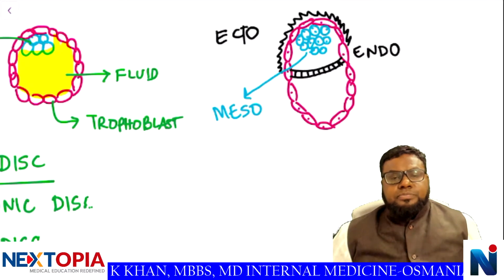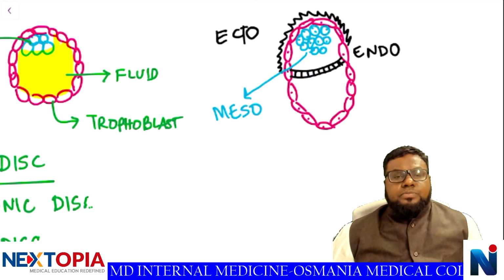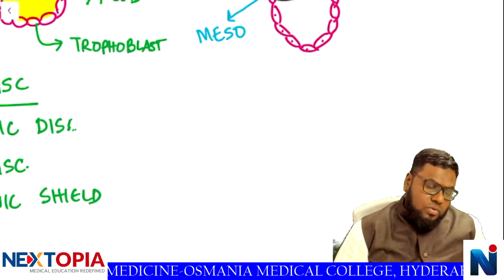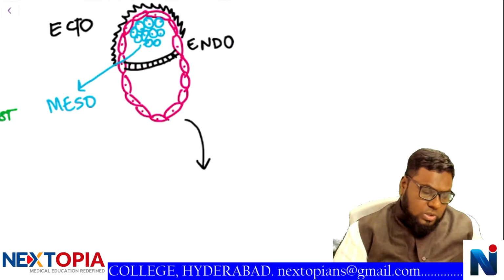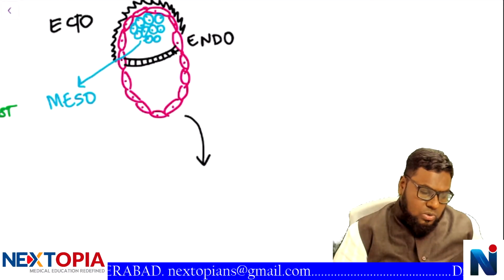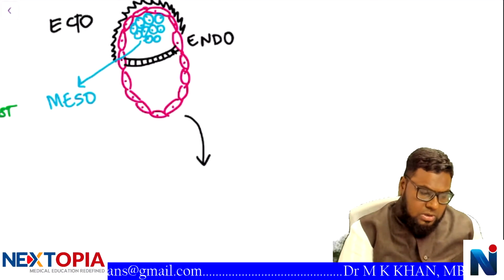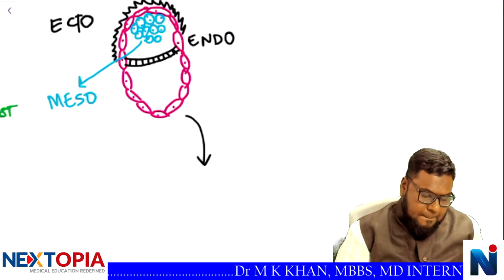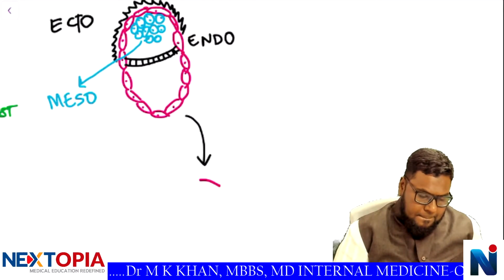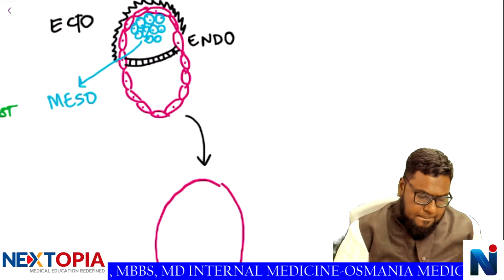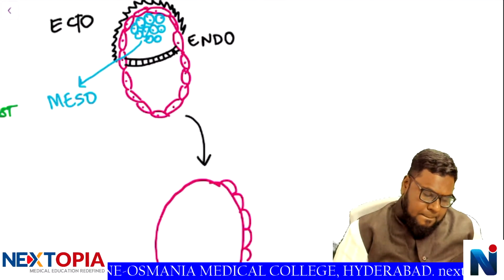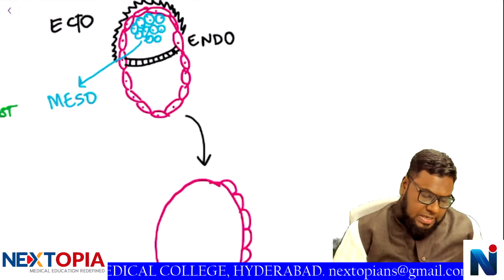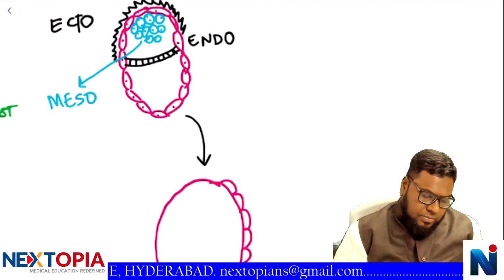All right, so now this group of cells undergoes growth like this. This is the outermost trophoblast cells.